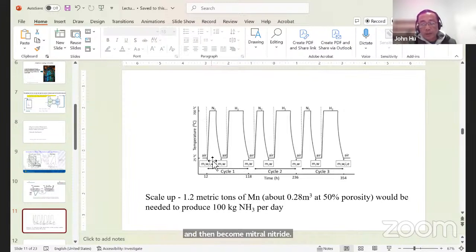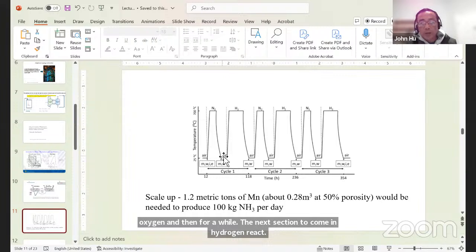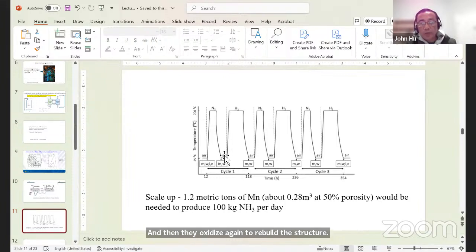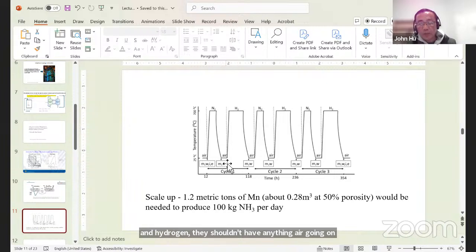This part I didn't know why they put in a little bit of oxygen. But in the next section the hydrogen comes in and reacts, and then they oxidize again to rebuild the structure. I think they shouldn't put air in there, in my opinion, between the nitrogen and the hydrogen, because otherwise hydrogen will be oxidized.